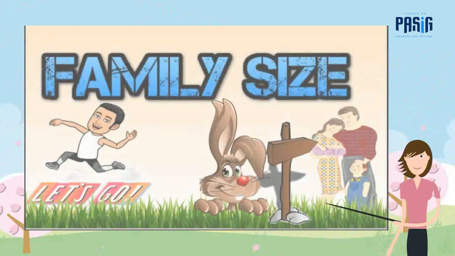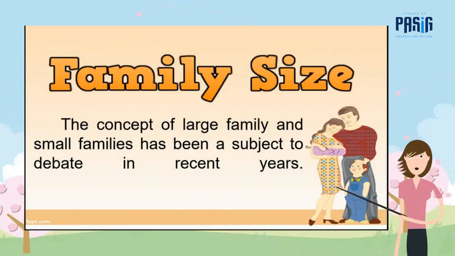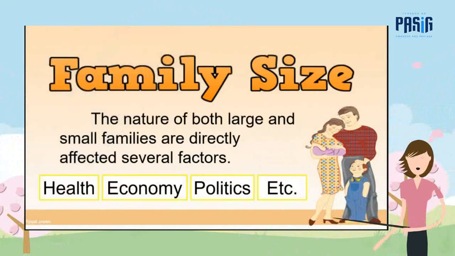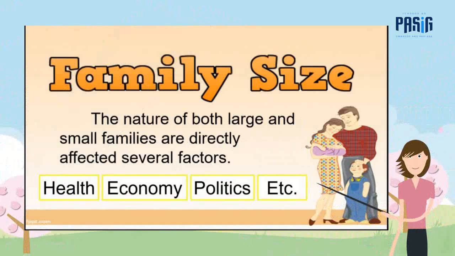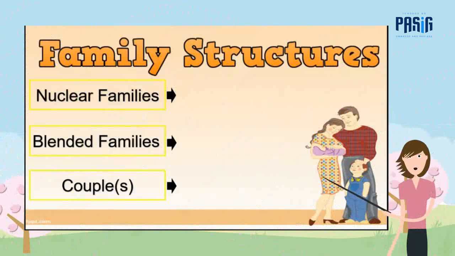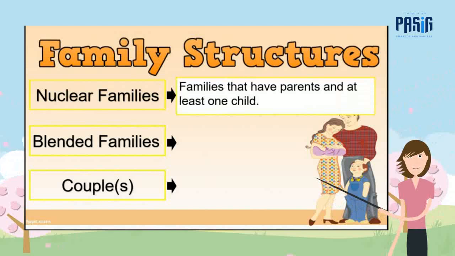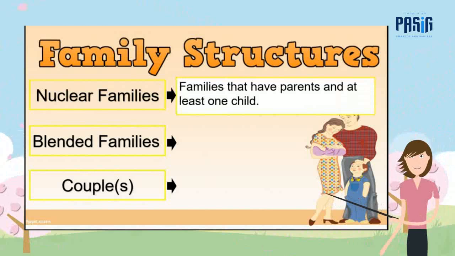Let me start our discussion with family size. The concept of large and small families has been a subject of debate in recent years. The nature of both large and small families are directly affected by several factors such as health, economy, politics, and population. Now let's identify family structures. Nuclear families are families that have parents and at least one child.